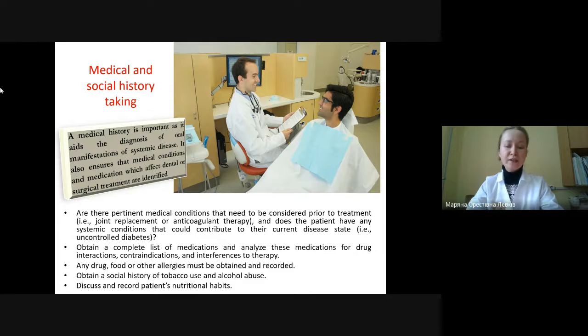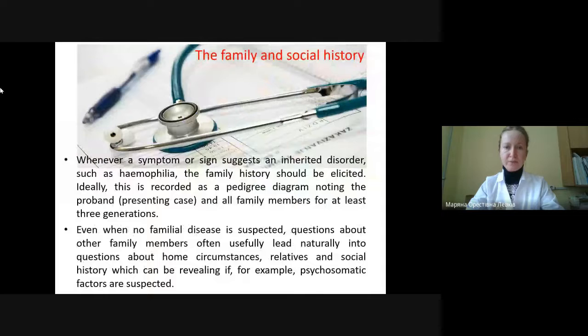Obtain a social history of tobacco use and alcohol abuse, as tobacco use contributes to periodontal disease. Discuss and record the patient's nutritional habits. So these are critical questions that should be discussed with the patient during collecting of medical and social history.